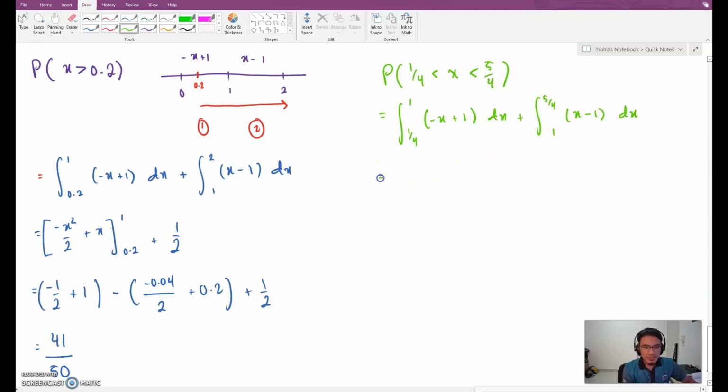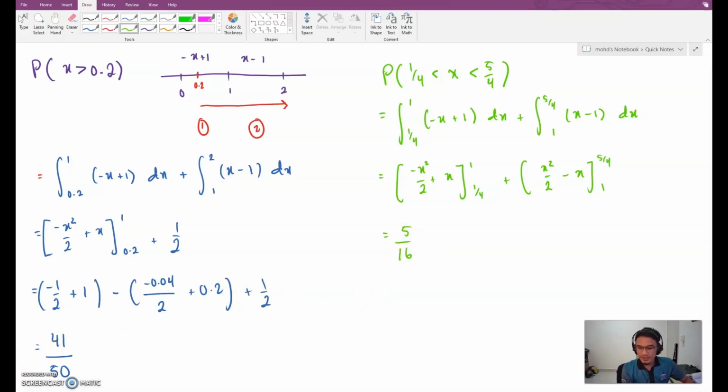We just proceed with the integration: negative x squared over 2 plus x from 1 over 4 to 1, and x squared over 2 minus x from 1 to 5 over 4. By substituting the values, the calculation gives 5 over 16. So that is the probability for the region.